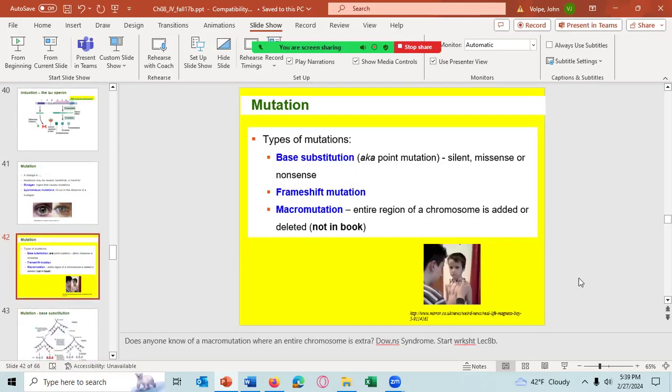All right. There are different types of mutations. Probably the most frequent mutation is a base substitution, where one base is changed, and this is also called a point mutation. We have three types of base substitutions: a silent mutation, a missense mutation, and a nonsense mutation.